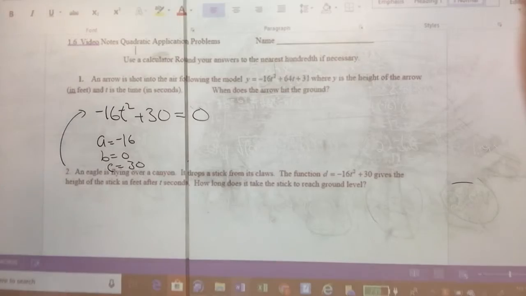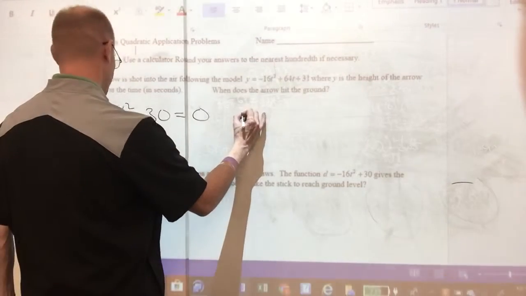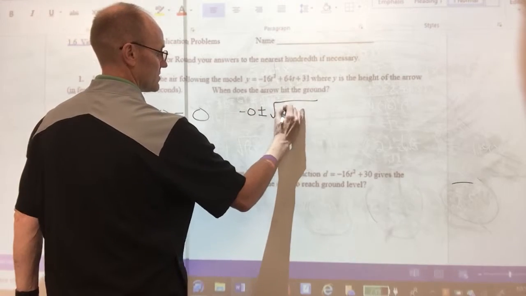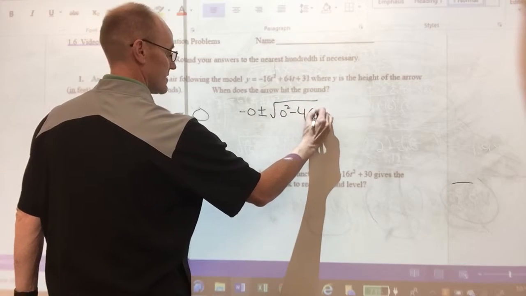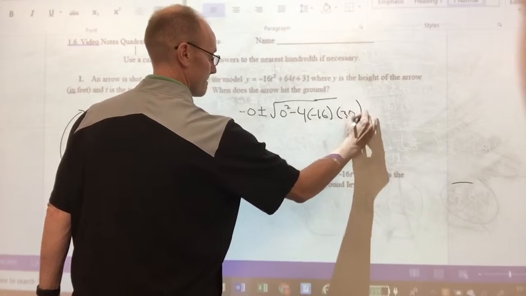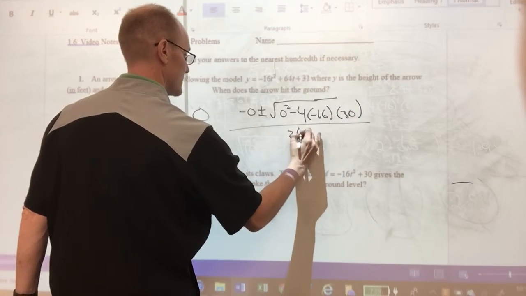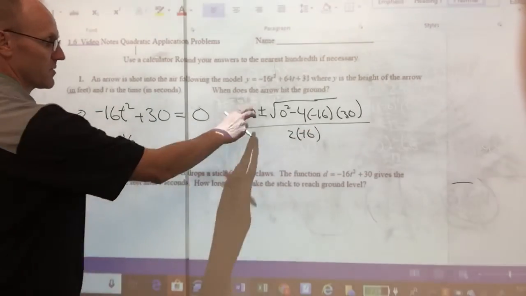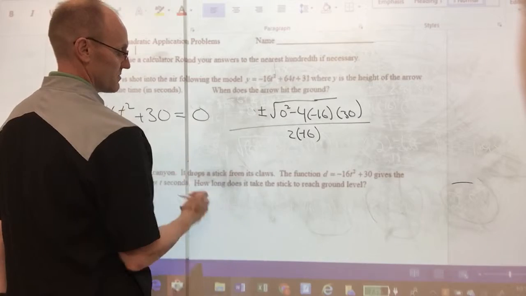We'll use that quadratic formula again. It'll be the opposite of b, which is 0, plus or minus the square root of 0 squared minus 4 times a times c, all over 2 times a. So I enter this in my calculator. I don't have to worry about the 0. I do have this plus or minus.